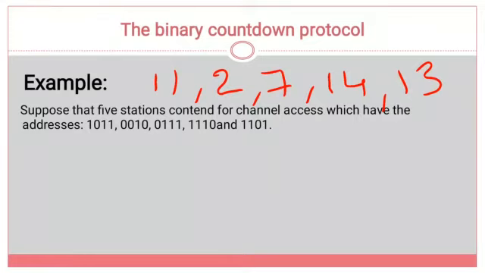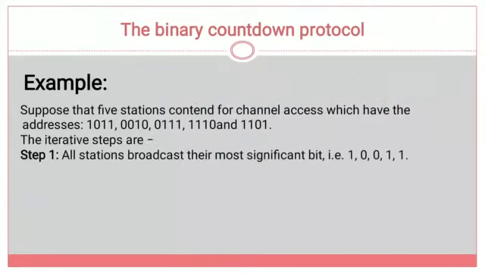For 11, 1011; for 2, 0010; for 7, 0111; for 14, 1110; and for 13, 1101. If you observe, all the addresses have the same length. That means we consider 4 bits to represent the binary address of all these 5 stations. So we will solve this problem by using the binary countdown protocol.